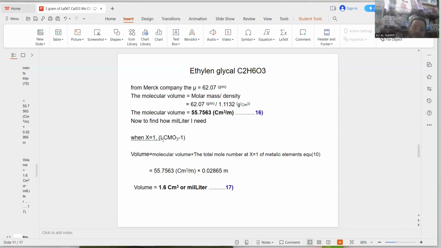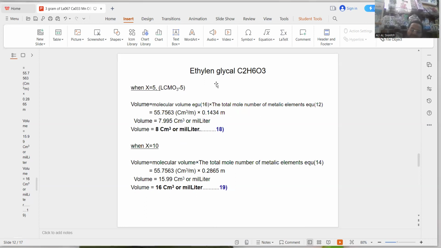That's up to you. By that, 55.7563 multiplied by 0.02865 equals 1.6 centimeter cubed, or we can say 1.6 milliliters of ethyl angelical, because like I said before, it's liquid, not powder. That means I need milliliters, not grams.